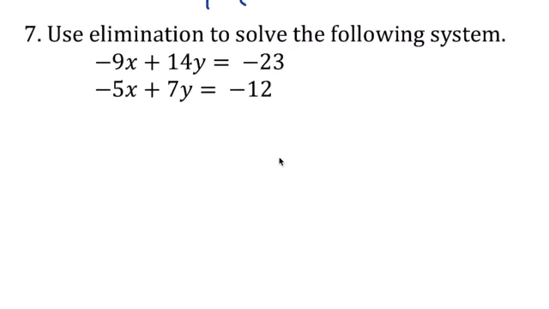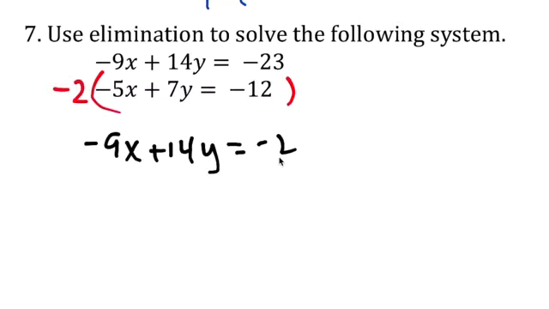I'm looking for them. Okay, we can make the y equal to 0 by multiplying this one by a negative 2, so to get negative 14 to make 0. So multiply this by negative 2. Let's leave the negative 9x plus 14y equals negative 23 alone, and multiply all of these by negative 2.